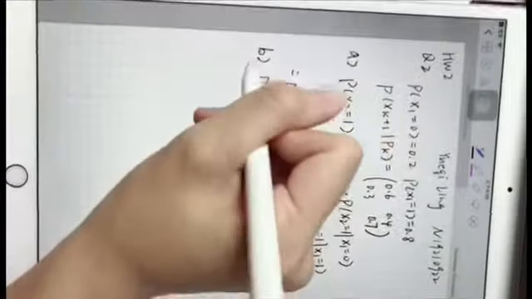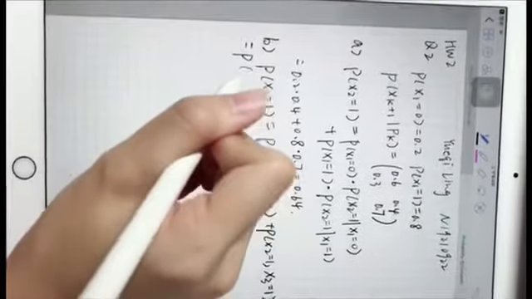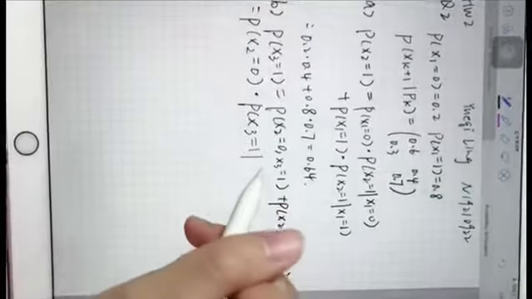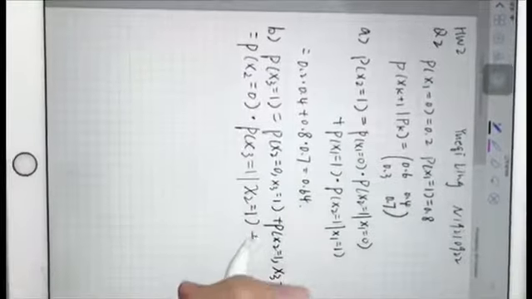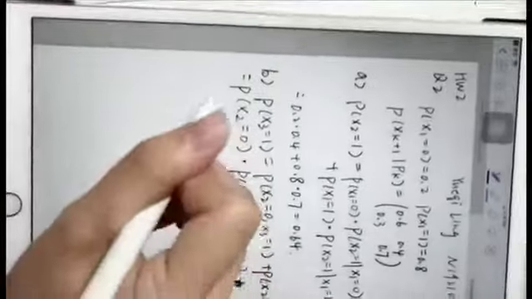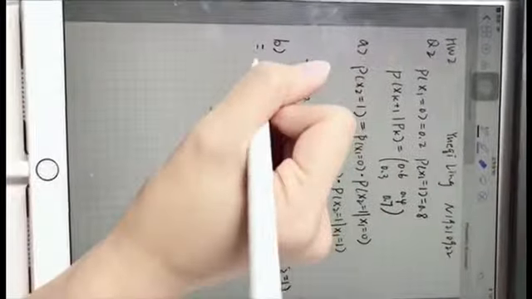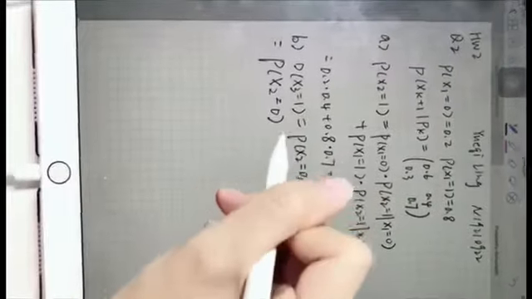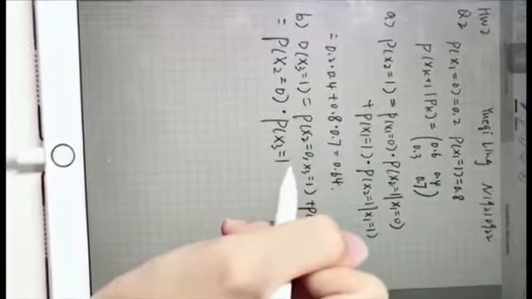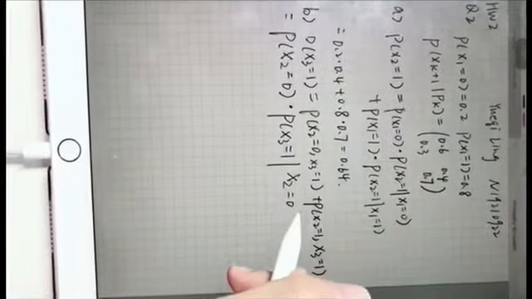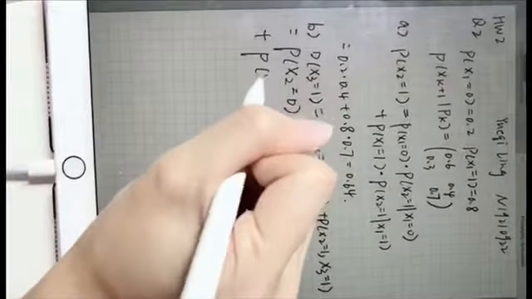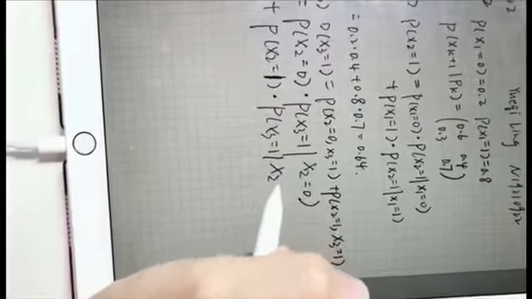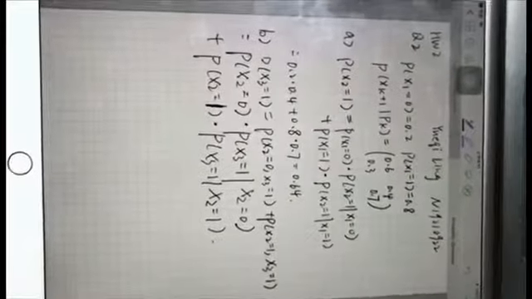It can be rewritten as the probability of x2 equals 0 multiplied by the probability of x3 equals 1 under the condition of x2 equals 0, then plus the probability of x2 equals 1 multiplied by the probability of x3 equals 1 under the condition of x2 equals 1.